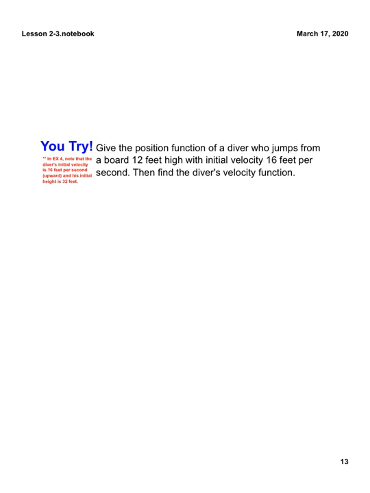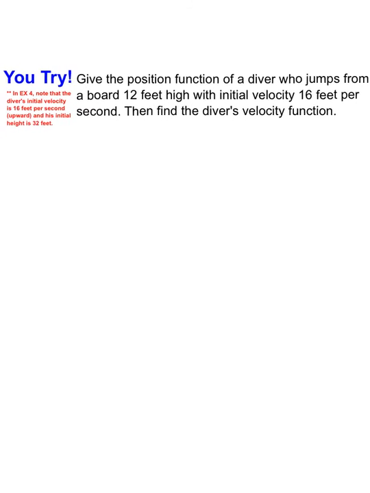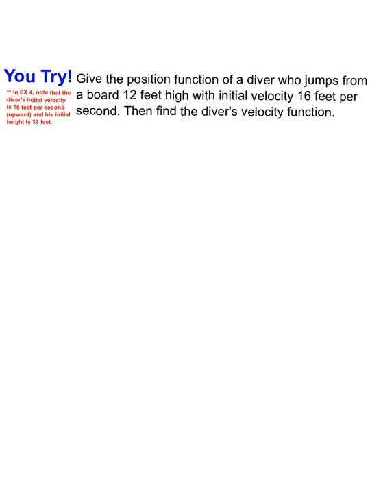So you need to pause the video, but remember, you have to find your own general position function first. So you're not going to be using the same one that we just used. So use the information to find your own general position function, and then restart the video and check to see if you're right. All right, good luck.